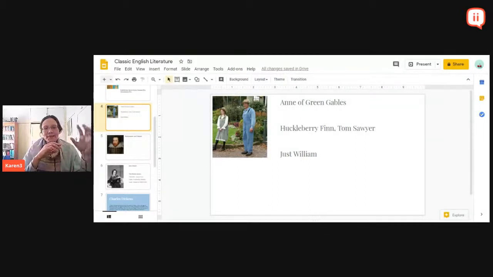Then you get Mark Twain. He was a very, very famous American writer, and he wrote Huckleberry Finn and Tom Sawyer. And it talks about the Americans in the 1800s, I think, and it talks about slavery and people going from slavery.